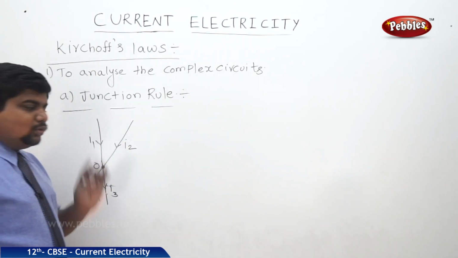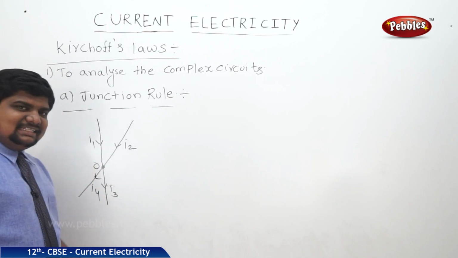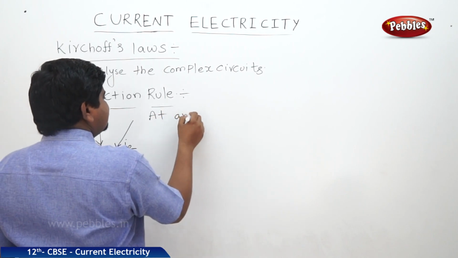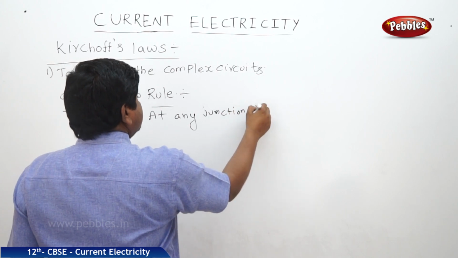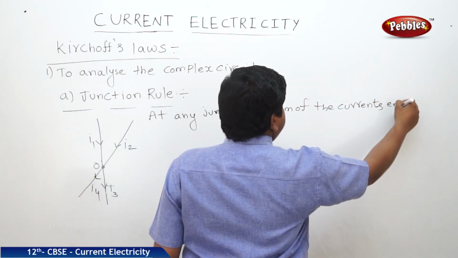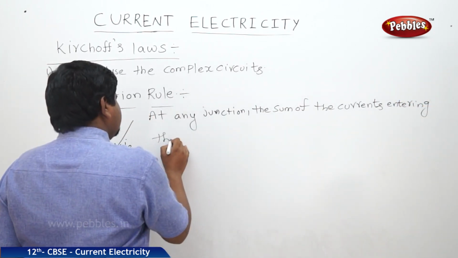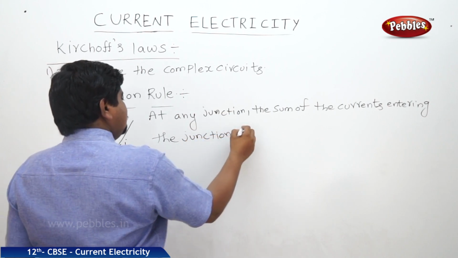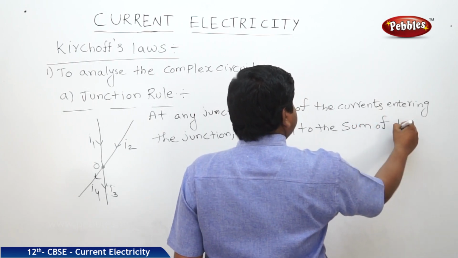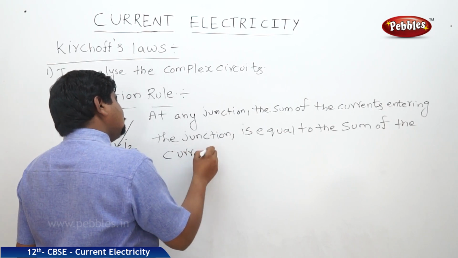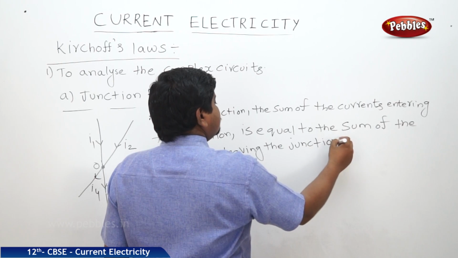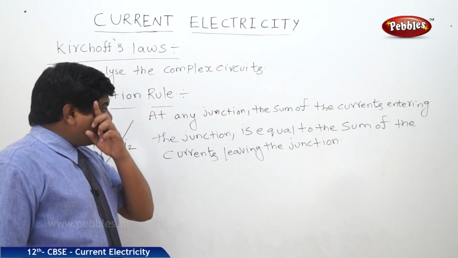With respect to the given junction, the rule is: at any junction, the sum of the currents entering the junction is equal to the sum of the currents leaving the junction.